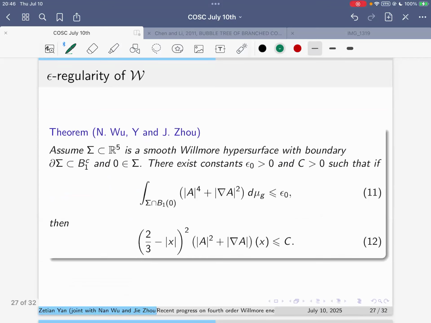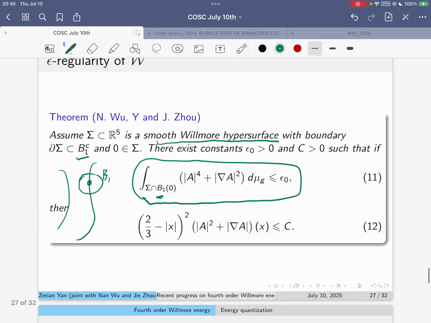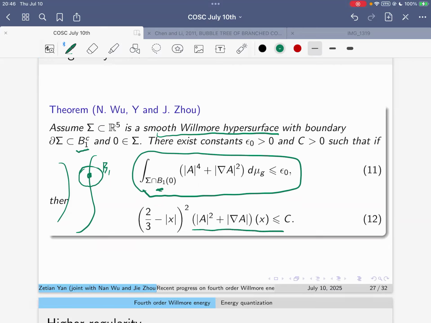So this epsilon regularity says that if we consider the image, okay, of this smooth Willmore hypersurface, for example, if you have a point here, we can find an extrinsic ball, okay, so this ball is extrinsic, such that as long as the total energy is very small in this extrinsic ball, we can establish the interior estimate, such that if you have a tube like this, we can use the covering argument to obtain the global interior estimate.